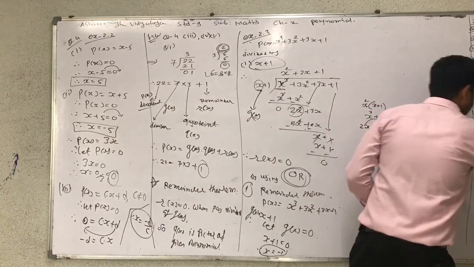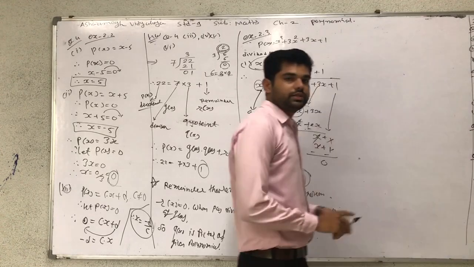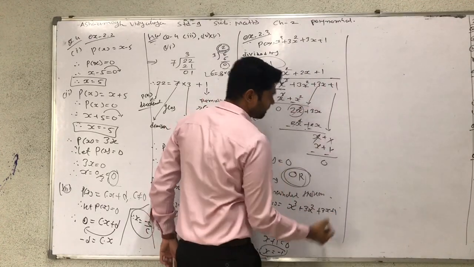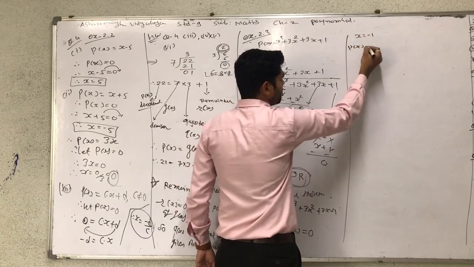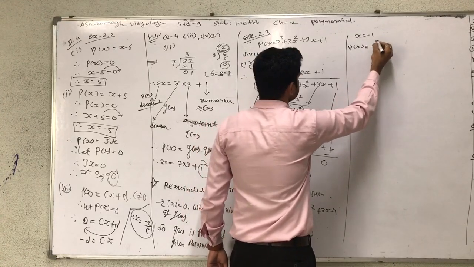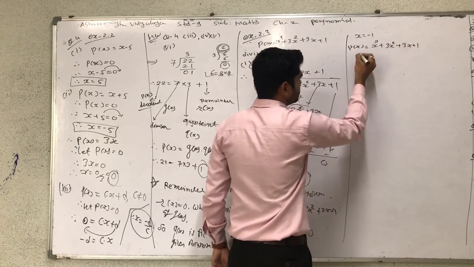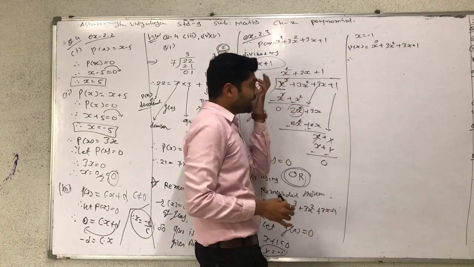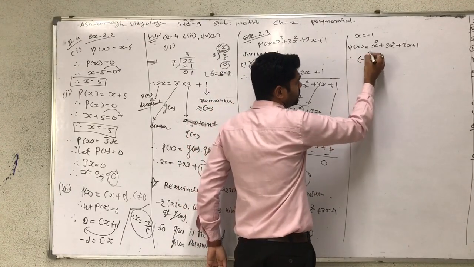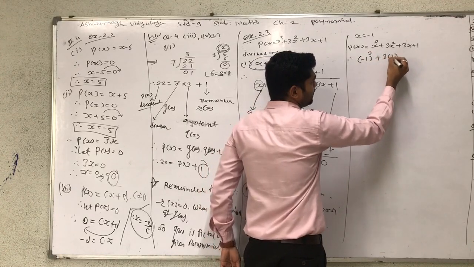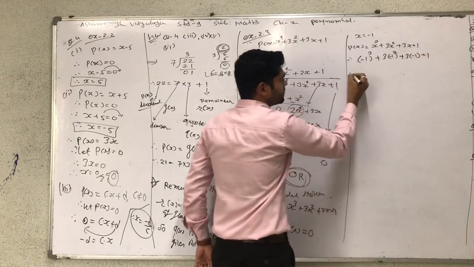Now put x equal to minus 1 in given term. So x equal to minus 1, therefore p of x equal to x cube plus 3x square plus 3x plus 1. In place of x put minus 1, so answer is minus 1 cube plus 3 into minus 1 square plus 3 into minus 1 plus 1.